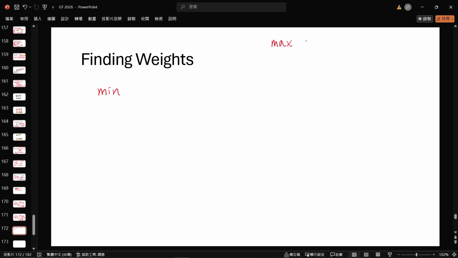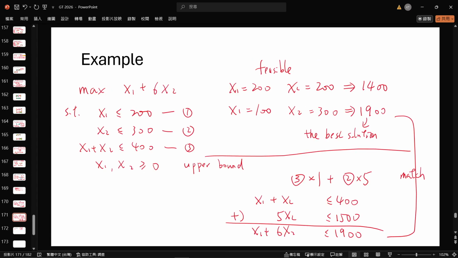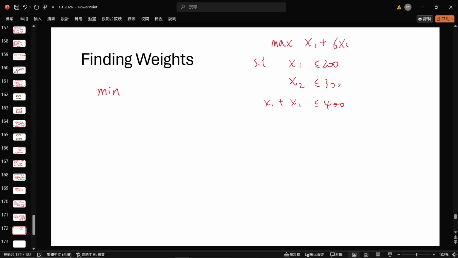So let me first copy. Okay, so we have 3 constraints, and we have 3 right-hand sides.